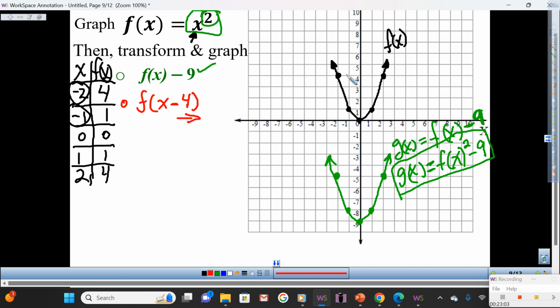So we go 1, 2, 3, 4, for each point. We're going to label that g of x equals, and I'll let you finish that one up and rewriting it. Give you some time. Go.